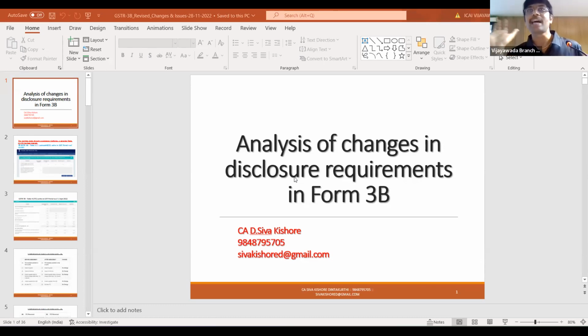There will be a matching mechanism, reconciliation of data is possible, and there is a chance for you to explain the reason for such a mismatch. You will show, but you will shift from exempt turnover to 3.1.1 clause 2. Because there is a separate table in it, but there is no corresponding table in GSTR 1, on which the Institute of Chartered Accountants of India has already made a representation. I think they will make a change.